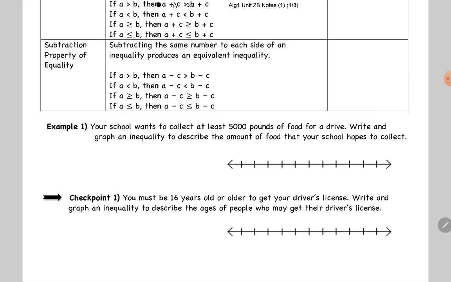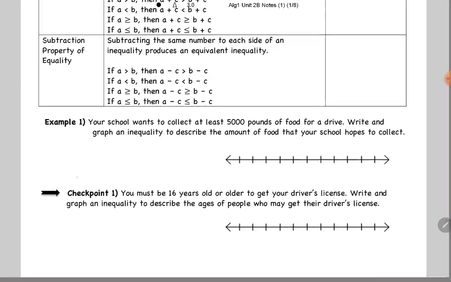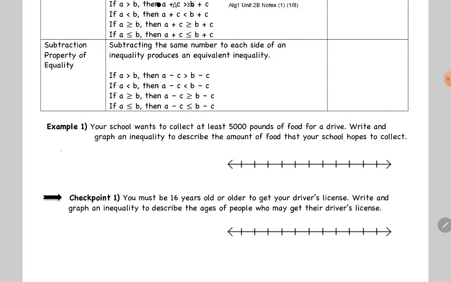Your school wants to collect at least 5,000 pounds of food for a drive. Write and graph an inequality to describe the amount of food that your school hopes to collect. So we want at least 5,000 pounds. We're going to let x equal the amount of food.